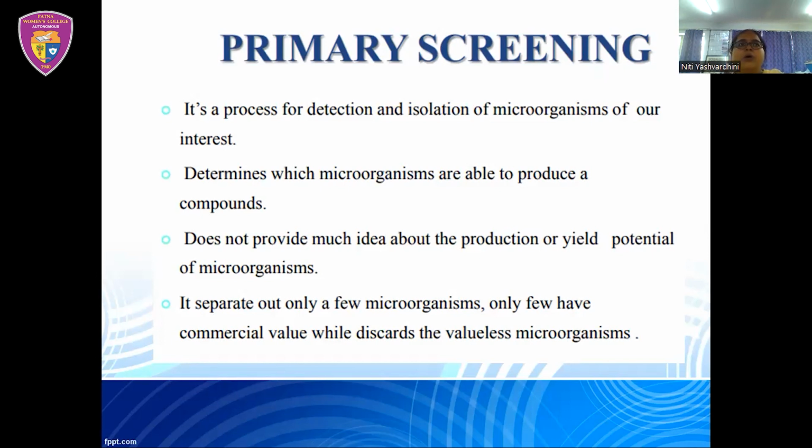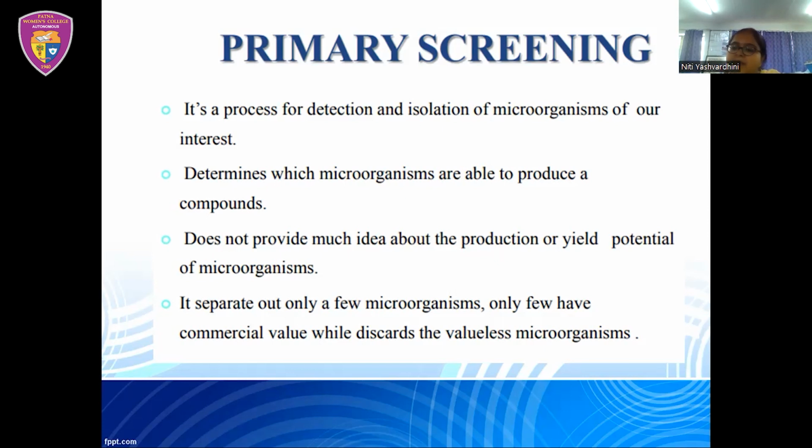If I am going to produce cheese, then I have to select the microorganism important in cheese production from a group of microorganisms already present in the source. But in primary screening, we don't know what amount of cheese or product it will produce. These things we don't address in primary screening.